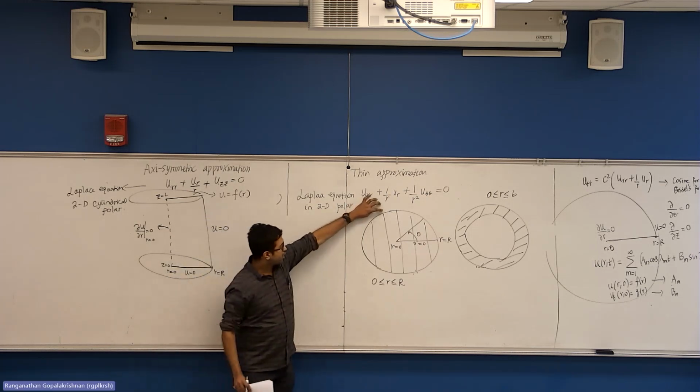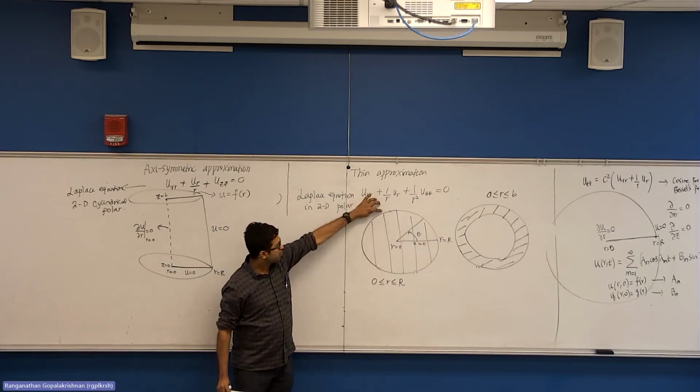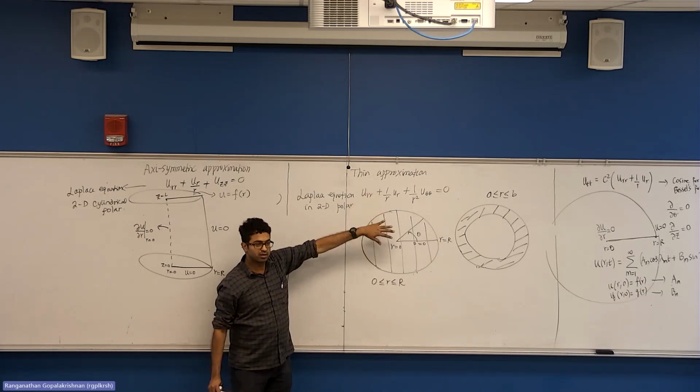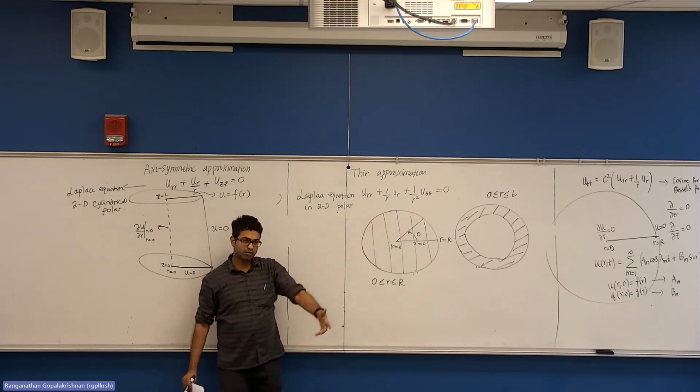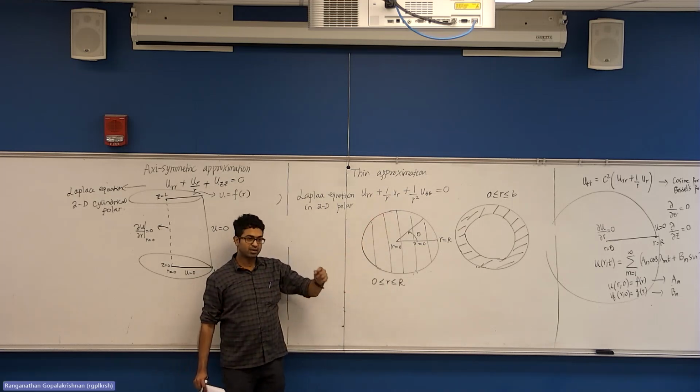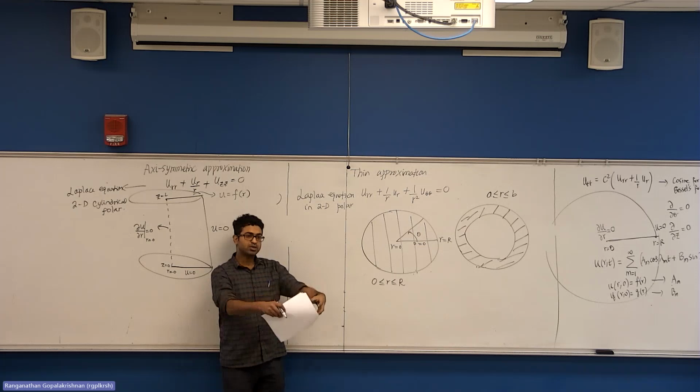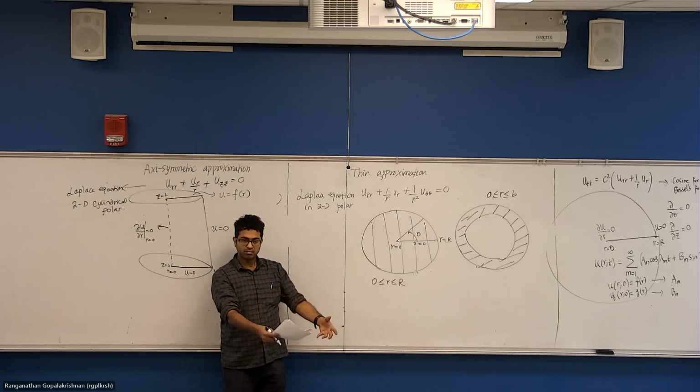You can specify the value of the function or its derivative on the circumference. But what happens within is a result of the solution to the PDE. Or if you want to talk like an experimenter, you can sit outside and set a value, but what happens within is the physics.